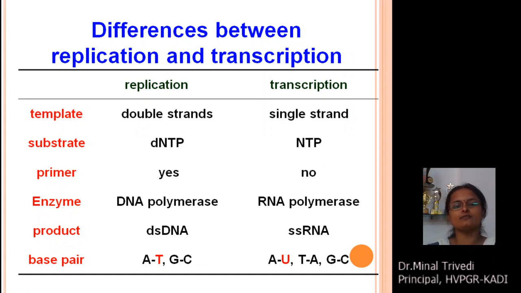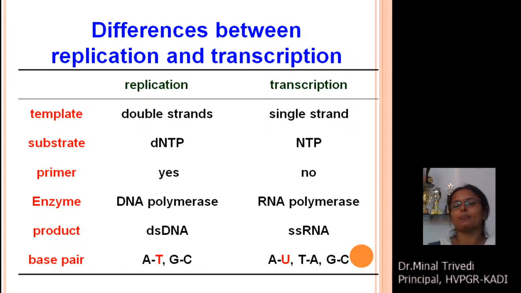The substrates used in replication are deoxyribonucleoside triphosphates, whereas in RNA synthesis, ribonucleoside triphosphates are used as a substrate. There is no need of a primer in transcription, whereas it was needed during the process of replication.